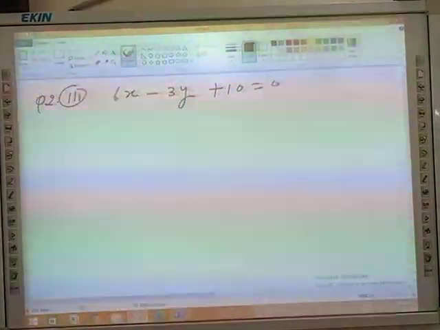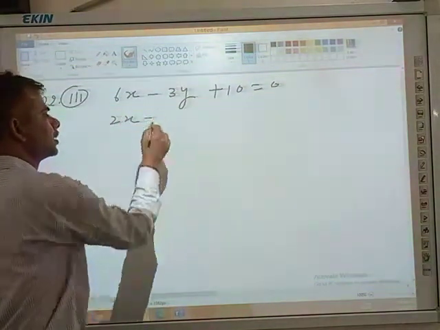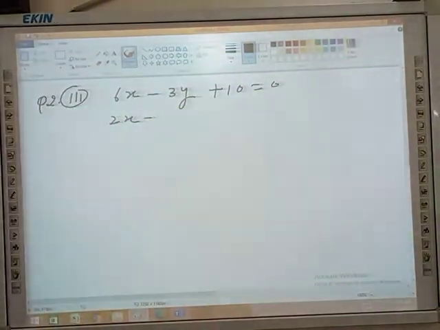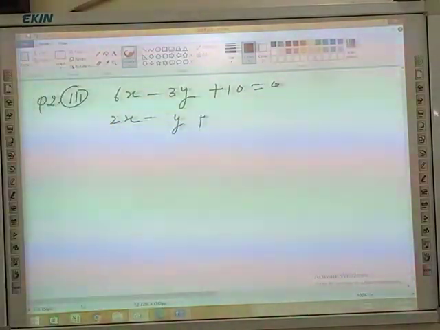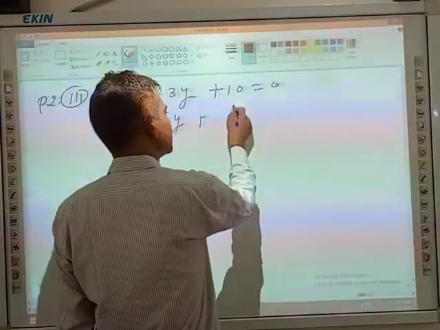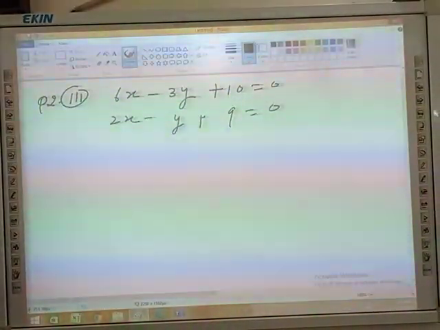Now students, first part, second question: 2x minus y plus 9 equal to 0. Students, all the three parts are as they are, no problems. Let's please try to understand it. Students, what is A1?